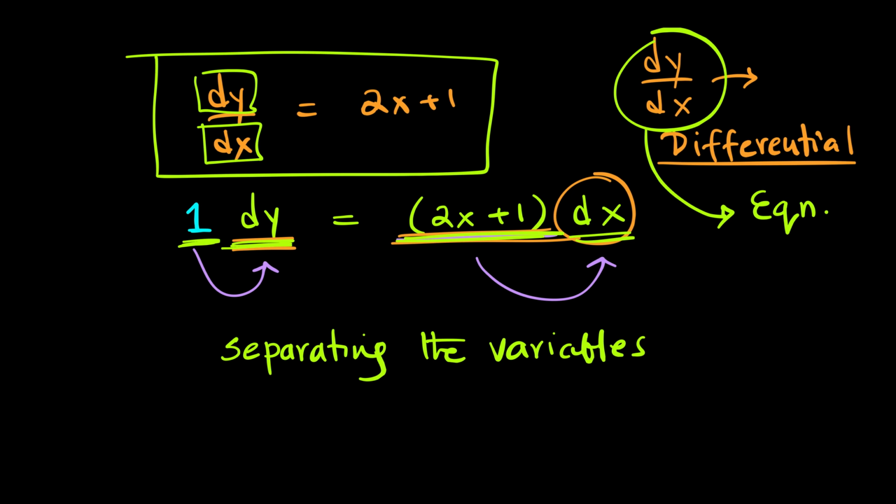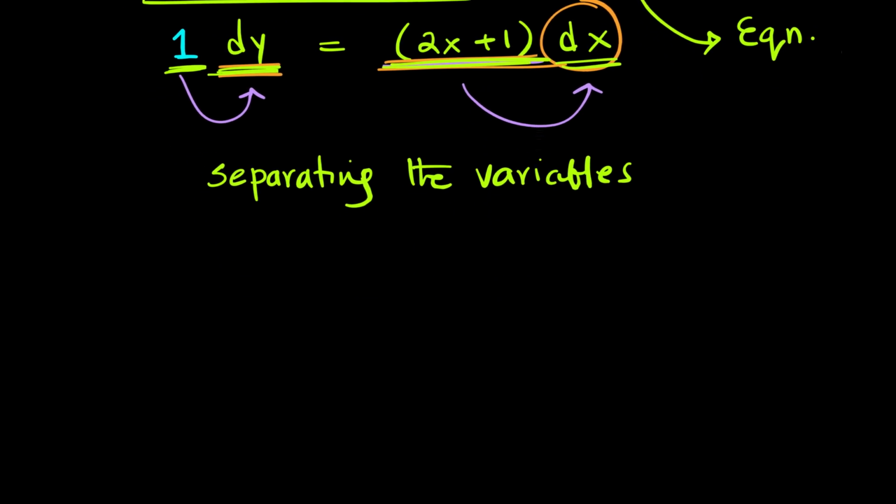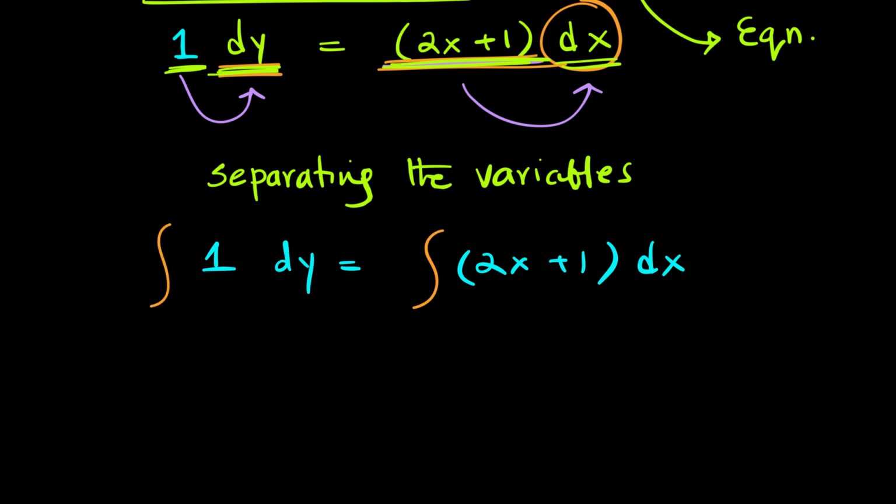Now what we do is that we integrate both sides. So 1 dy, this is (2x plus 1) multiplying with dx, and we are integrating both sides with respect to their corresponding variables. Left hand side is with respect to y, right hand side is with respect to x.